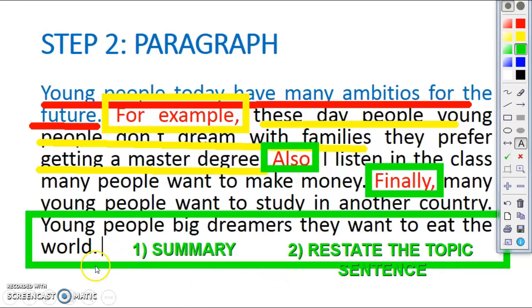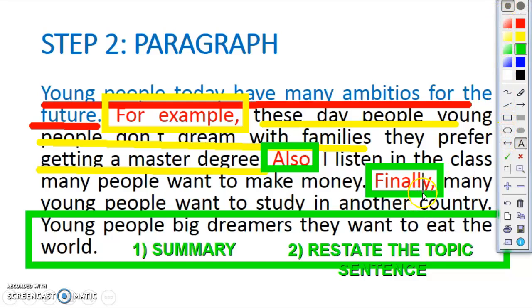So you have 2 options for the last sentence. Number 1, summarize the whole paragraph, or number 2, restate the topic sentence. In other words, say the same as the topic sentence, but using other words without repeating the same words. So in order not to be repetitive, you may say the same thing, but with different words.